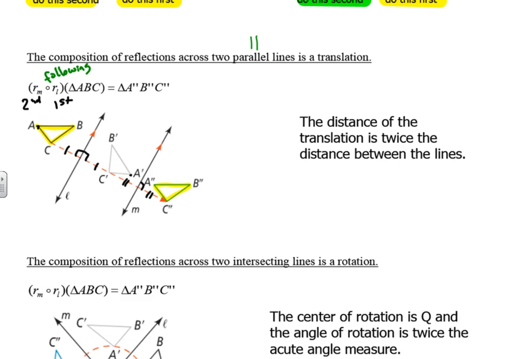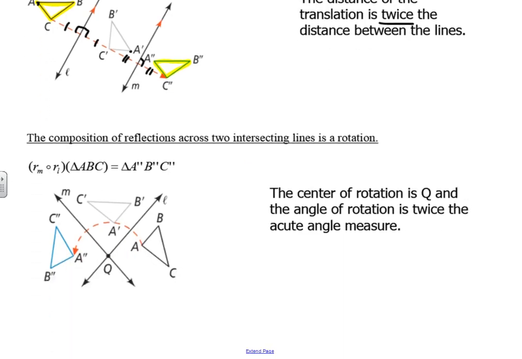And here's the key idea we need to remember: it's twice the distance between the lines. However far between line L and M, whatever that distance is, the whole translation is twice the distance between the parallel lines. Okay, so that's one special case.